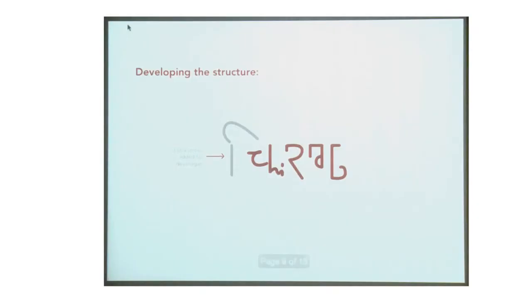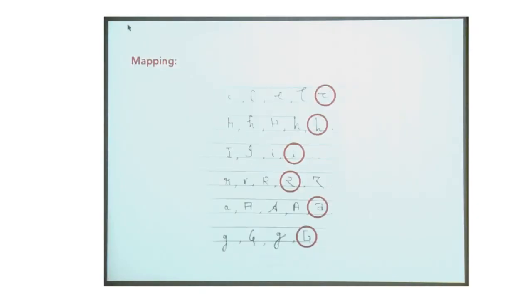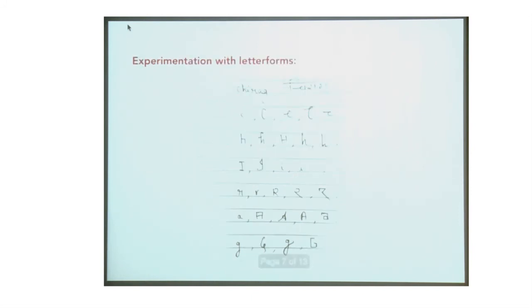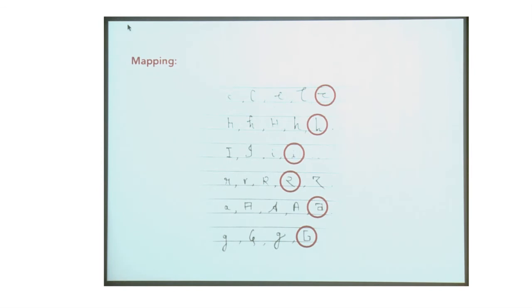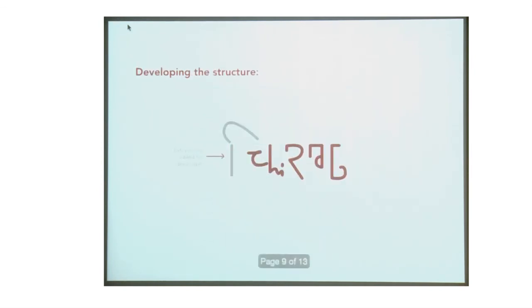Now after that, developing the structure. I found that these 6 elements, when put in a skeleton, give you a structure which has some similarity with the Devanagari part also. I jotted down the Latin part, and when I develop the structure, I combine them.